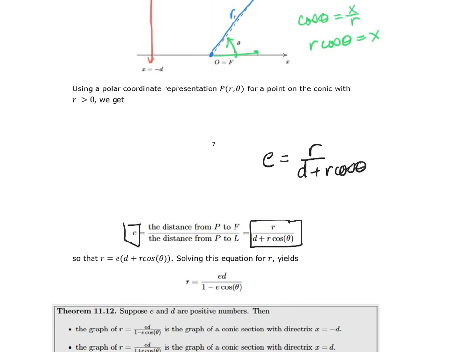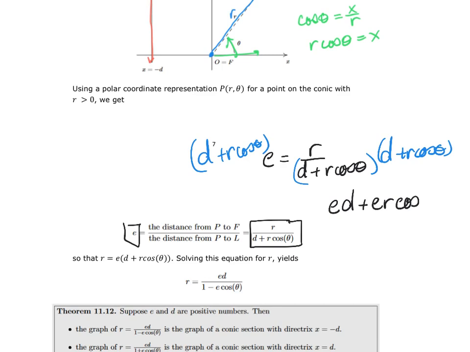If we then take that equation, E is equal to r over d plus r cosine theta, and we solve for r, which means we multiply both sides by d plus r cosine theta, then what we'll end up with is E times d plus E times r times cosine theta is equal to r.